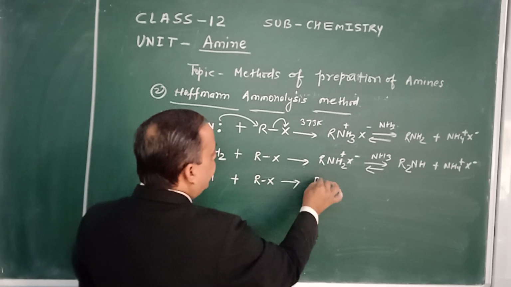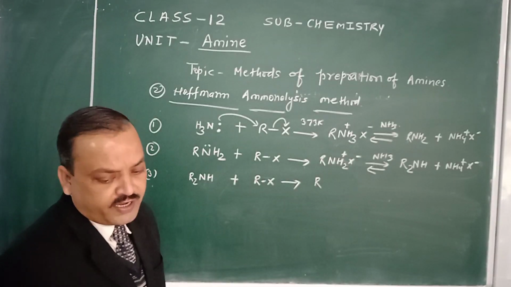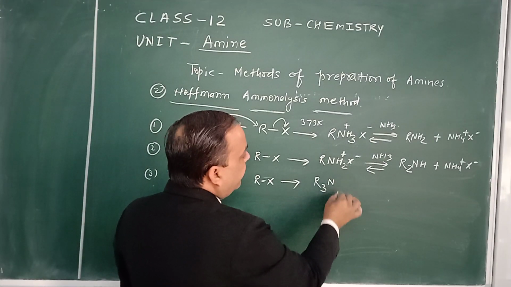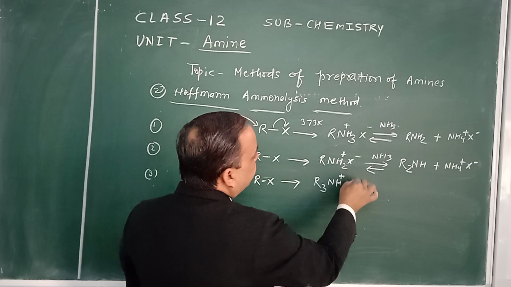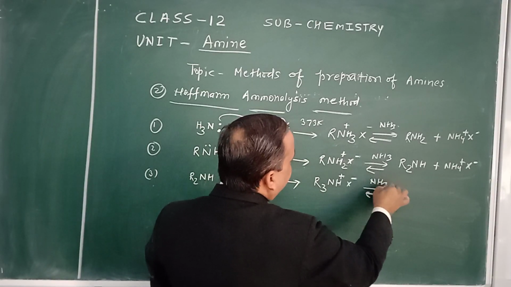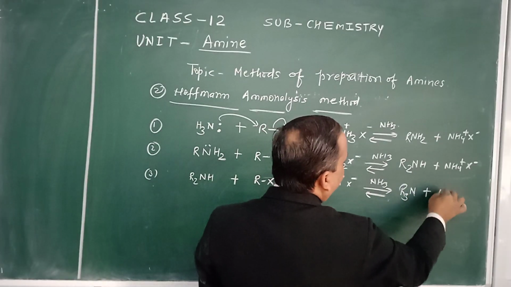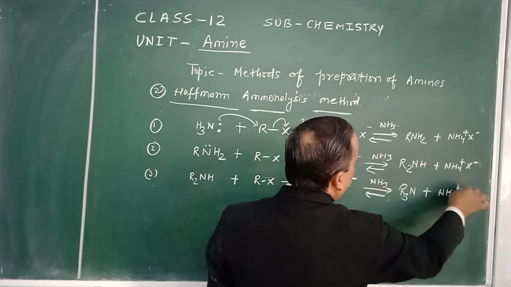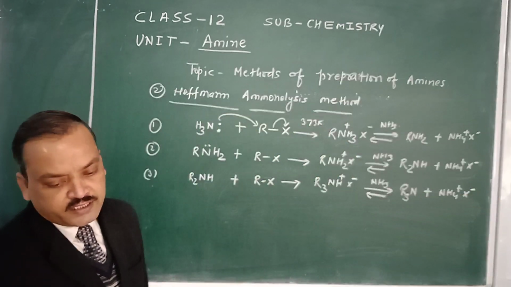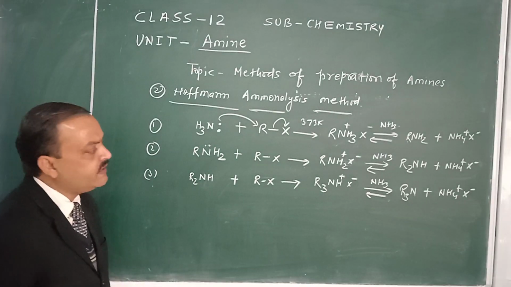Then one more alkyl group is added, giving R3NH+ X-. Again with ammonia, R3N plus NH4+ X- will form. So these three steps are involved.